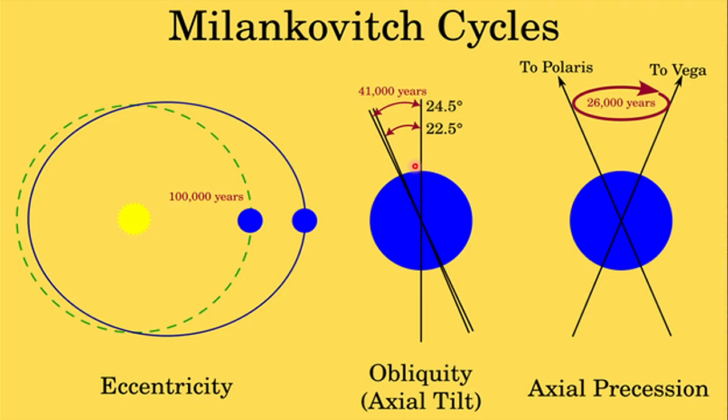Remember, this is known as obliquity. Then precession is the wobbling of the axis of the earth, and this precession happens within 26,000 years. So this is known as the axial precession. Remember the ages. The effect of this Milankovitch cycle is mainly climate change.